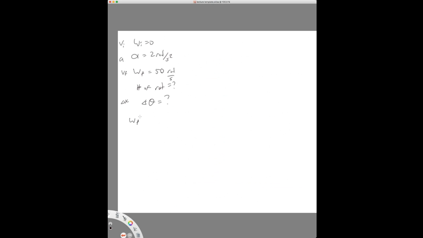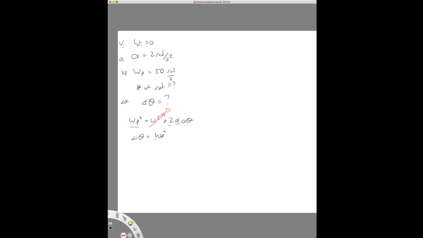So we have omega final squared equals omega initial squared plus 2 alpha delta theta. And we know that omega initial is 0, so we can cross that out. We know omega final and alpha, which is 2, so we can solve for delta theta.